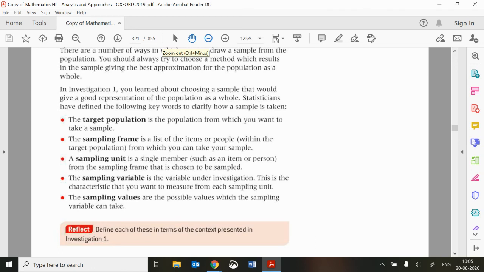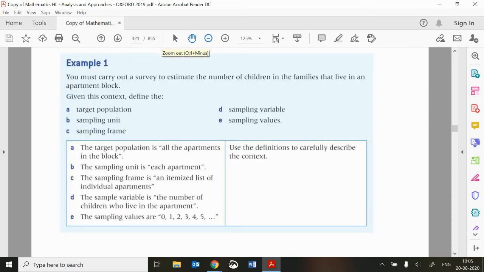That we can choose to be sampled. Okay, so it's not necessarily been picked. Okay, so there we go. It's saying the sampling unit here is each apartment, so they've not necessarily been picked. Then part C says the sampling frame is an itemized list of individual apartments. Okay, so just listing apartments 1 to 200 or whatever we've got.